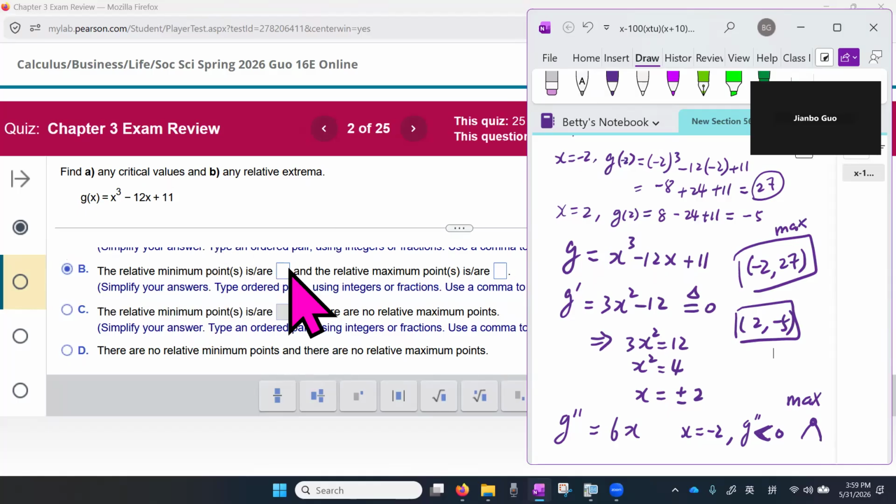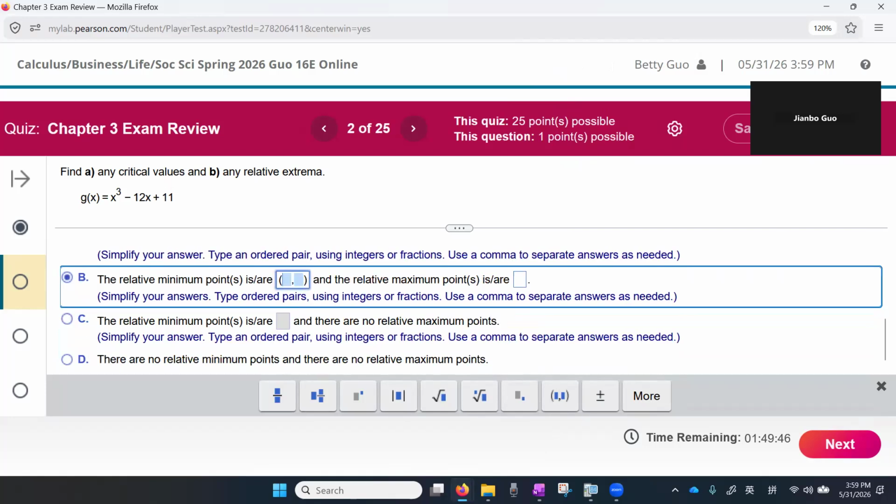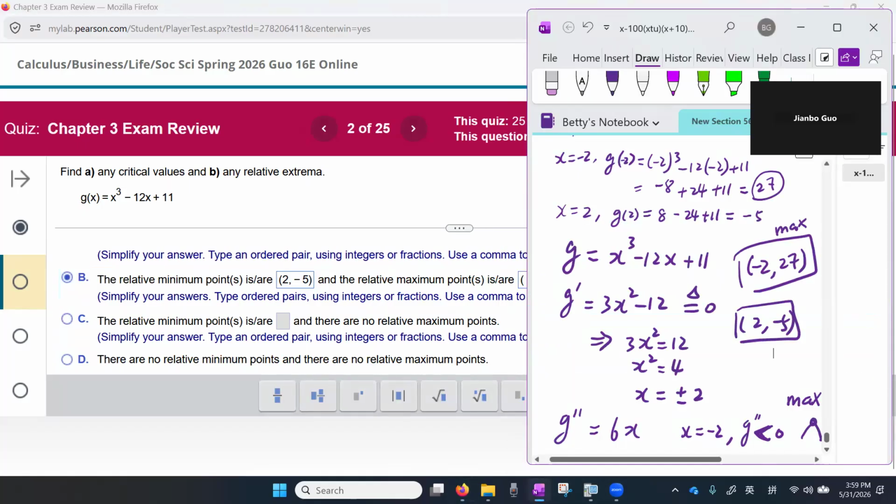Relative minimum, -5. Relative maximum, what is that, 27? 27.